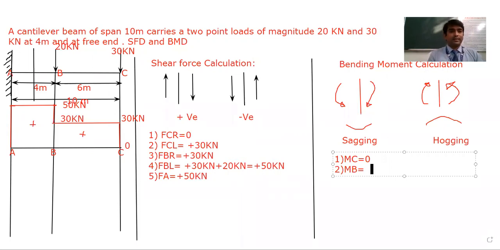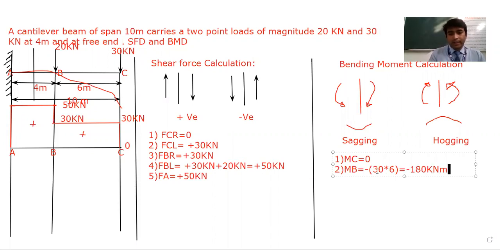The beam will bend like this, so it is hogging, and because of that, all the forces will be considered as negative. So minus, into bracket, 30 into 6, that will be equal to minus 180 kilonewton meter.